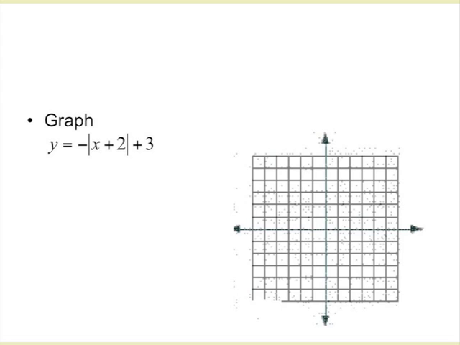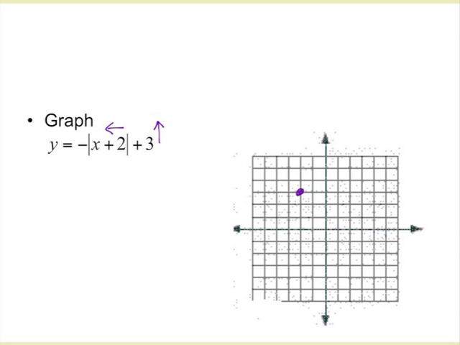Something added or subtracted inside moves us sideways and backwards. So that plus 2 is actually going to move us to the left 2 spots. The plus 3 outside will move us up 3 spots. So our vertex is going to be at -2, +3.